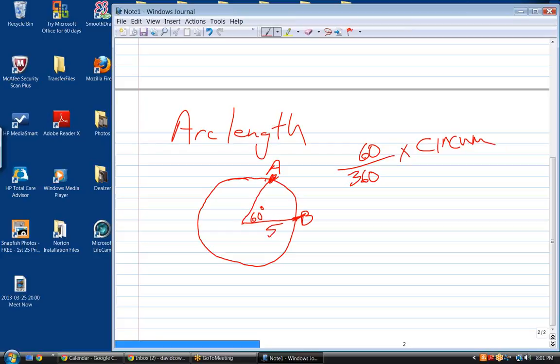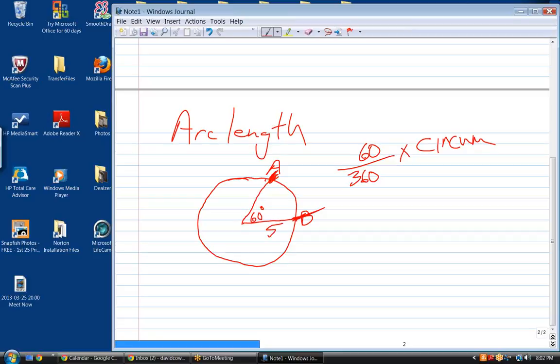So an arc length is the ratio of the degree to the whole circle. Yes. And what we know how to do is calculate the whole circle circumference, the measurement of the entire outside. So this represents 1/6 of a circle, or 1/6 of a circumference.